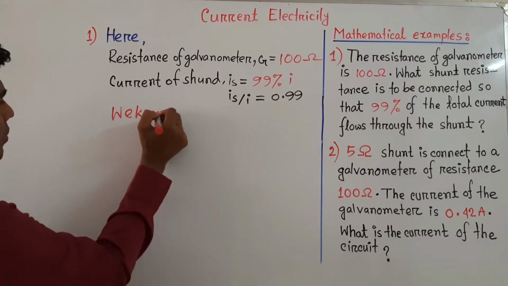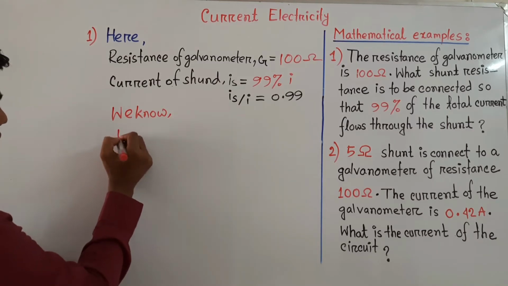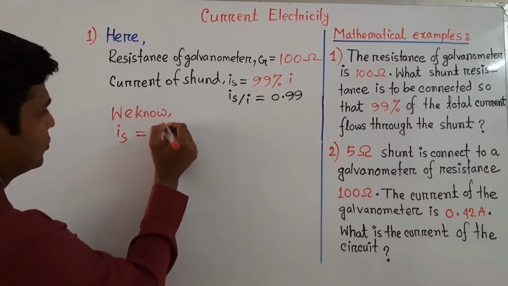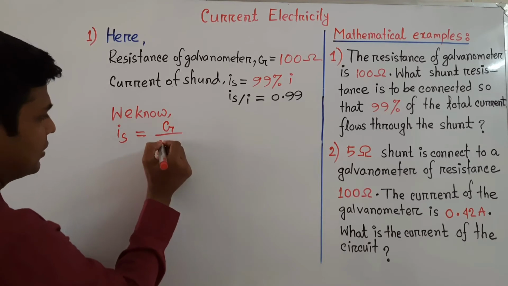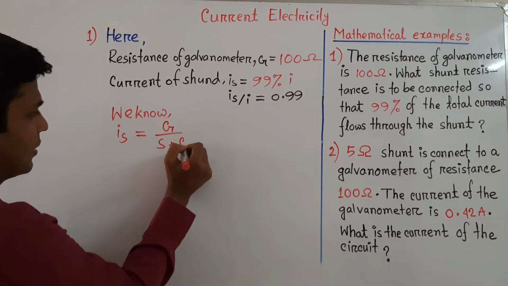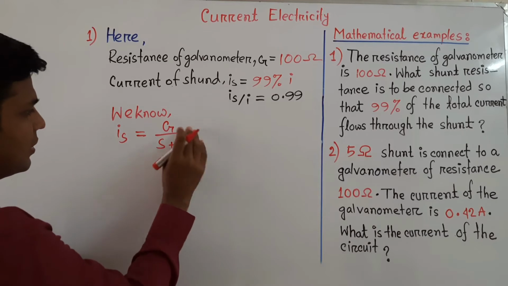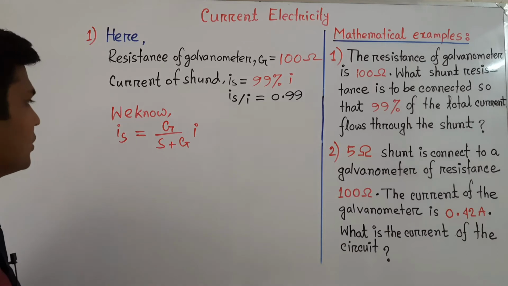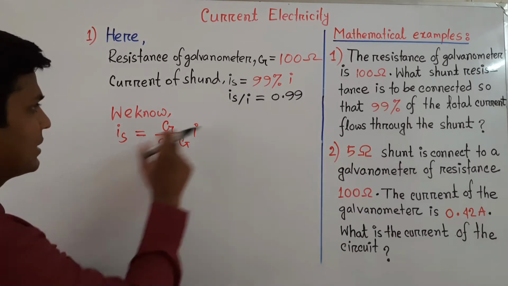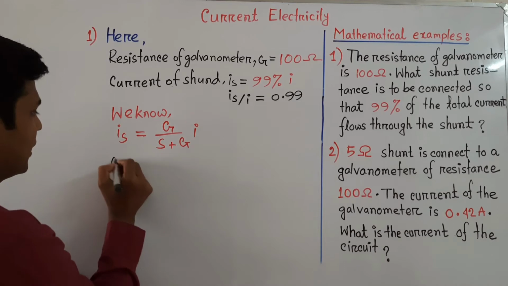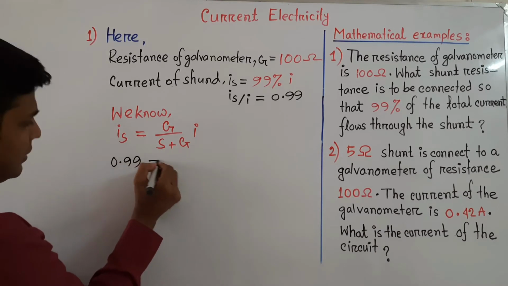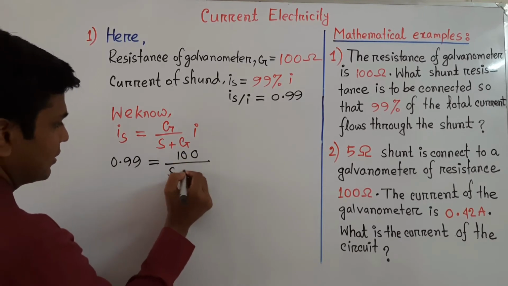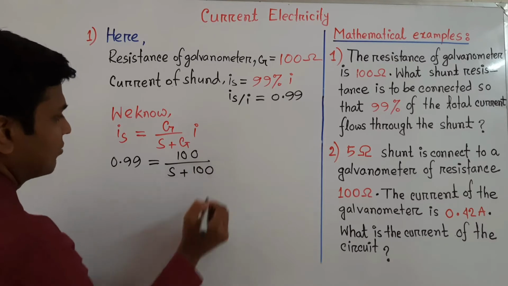We know the formula to calculate the current of the shunt: Is equals capital G divided by S plus capital G into I. So if we put the value of Is by I here, then we can write 0.99 equals capital G, which is here 100, divided by S plus capital G, which is again 100.